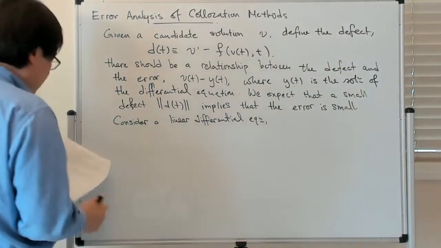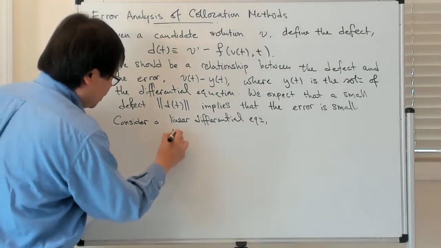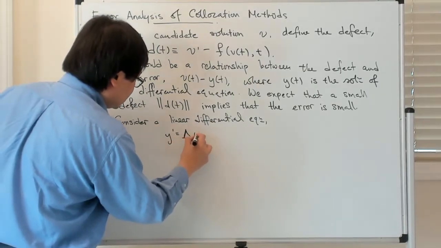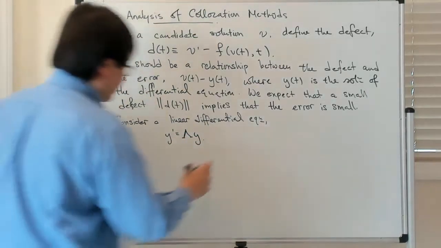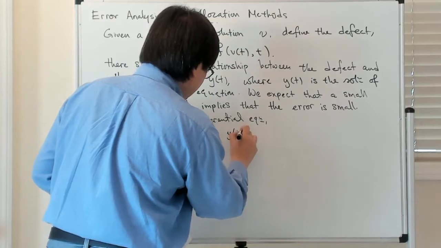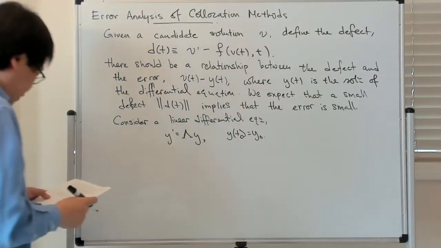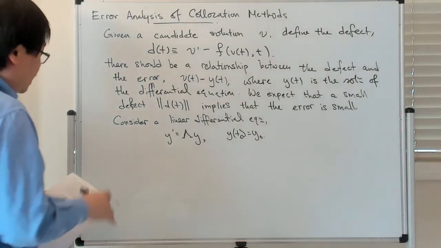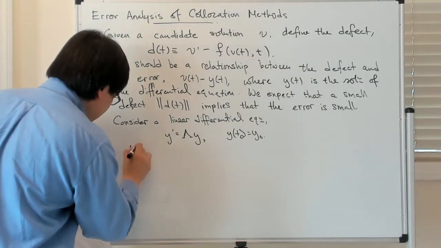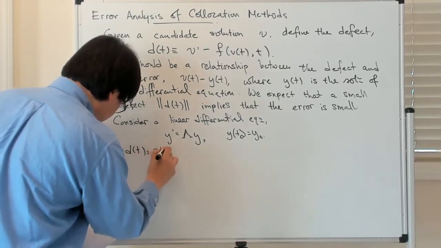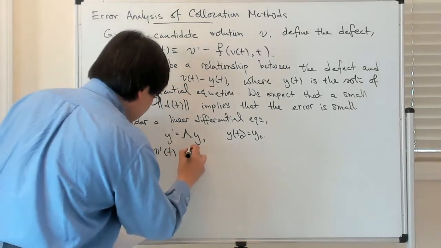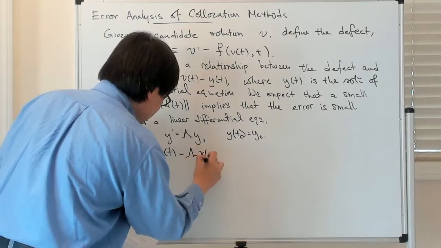That would be, for example, y prime is lambda y, and then y at t0 is equal to y0. So you have some initial value problem like this. And then, of course, you define the defect: d of t is equal to v prime of t minus lambda v of t.